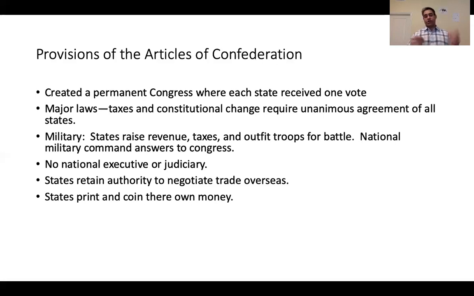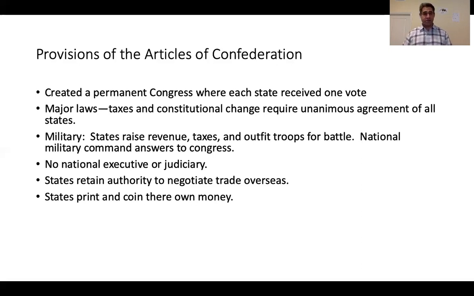They create no national executive, no national judiciary. So there's no president who can coordinate for the war effort or interact diplomatically with other nations. The states themselves in this Articles of Confederation retain the authority to negotiate trade overseas, and the states print and coin their own money.